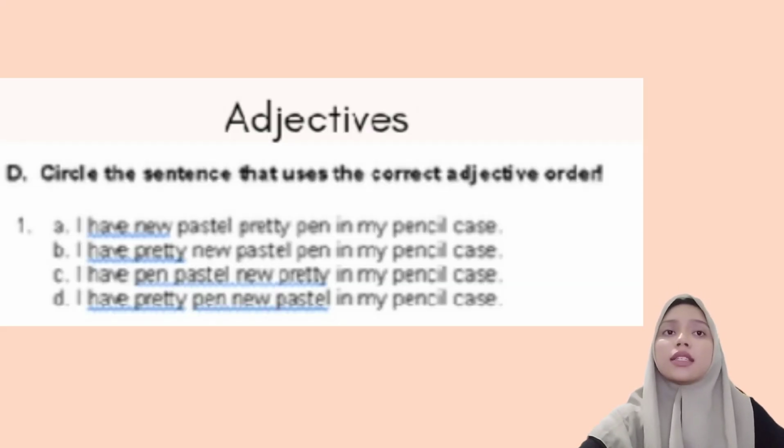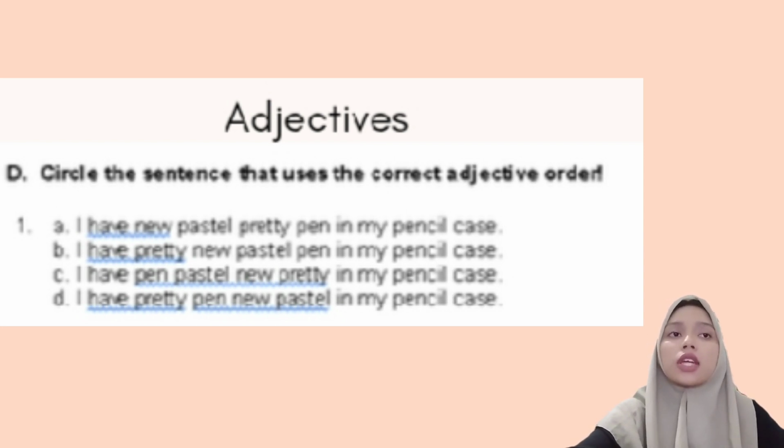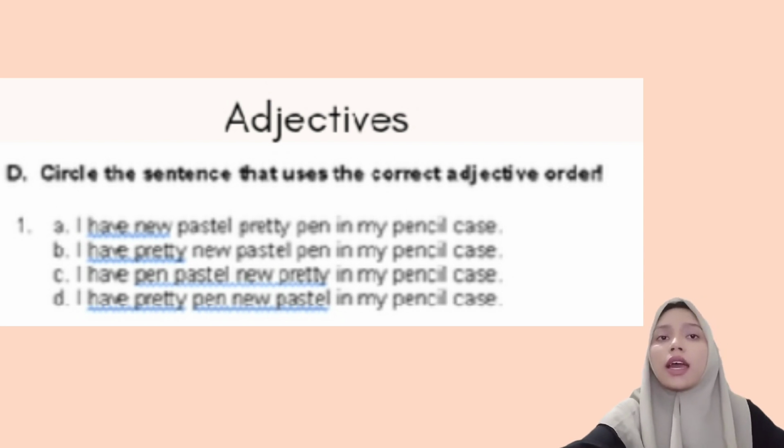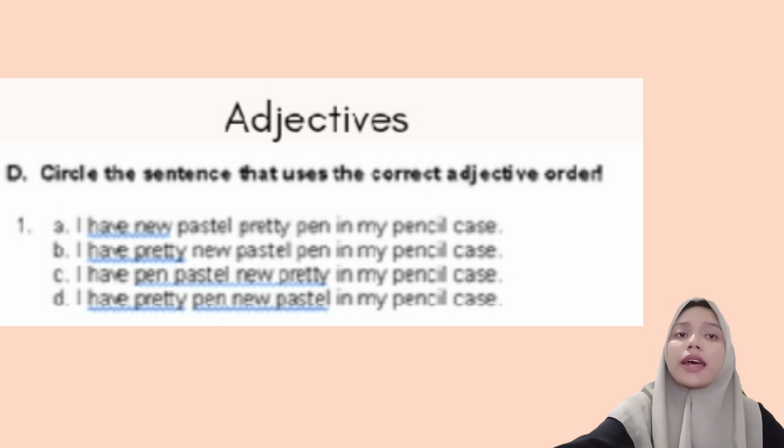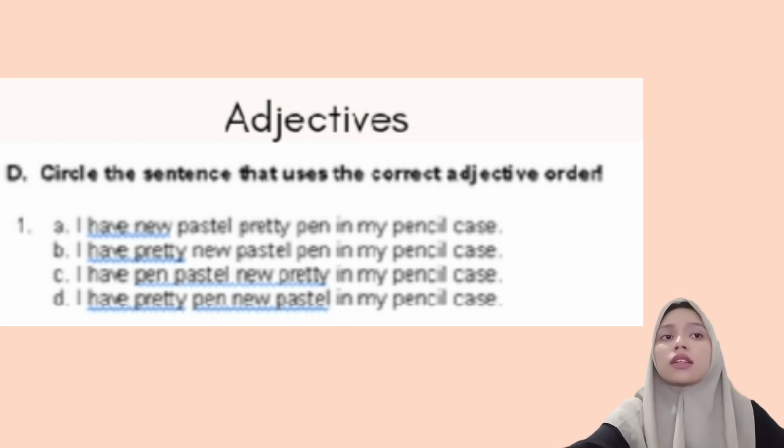Here is an example of a question about adjective order. To be able to answer it, you need to identify which adjectives are there, then sort them in adjective order. For the question number 1, here there are 3 types of adjectives. First one is new, and then pastel, and pretty. New is categorized as age, pastel is categorized as color, and pretty is categorized as opinion.